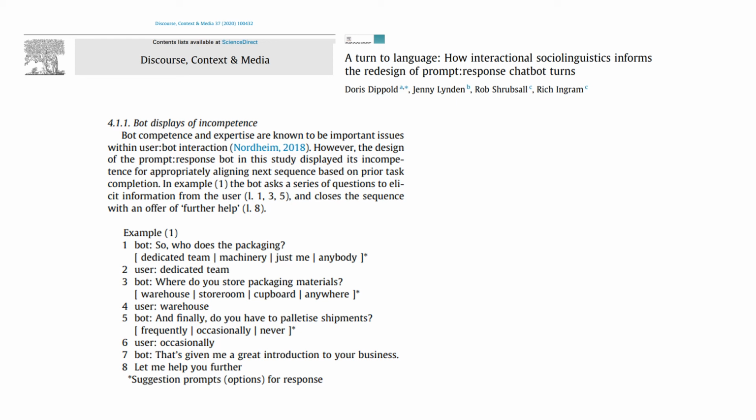One data extract and the analysis is presented on this slide, which looks at how the bot elicits information through a series of questions, but displays its incompetence by inappropriately aligning the next sequence. You can read more about this paper if you find this type of study interesting.